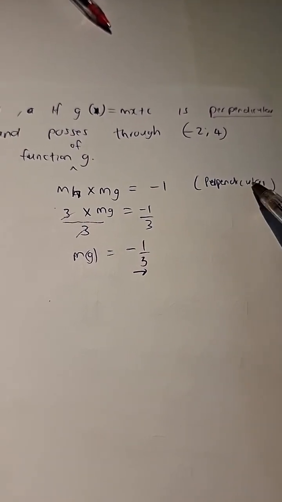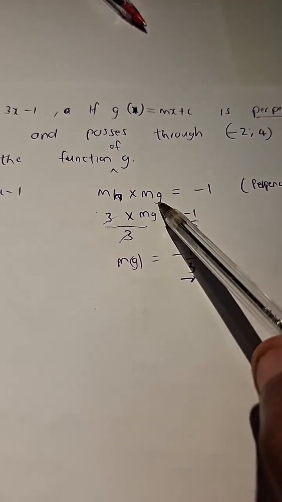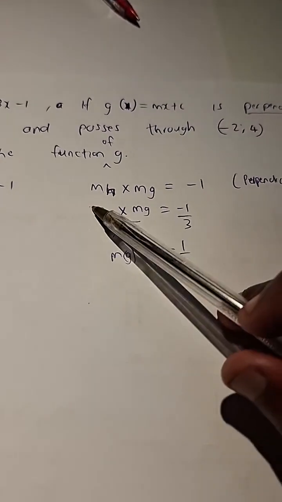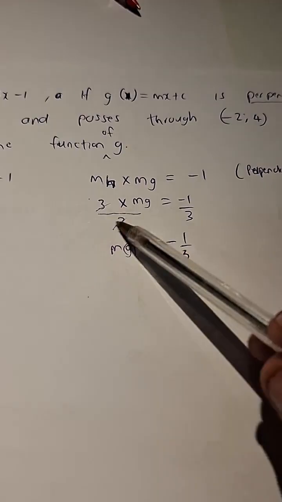That is the gradient of g, because for perpendicular lines, the product of the gradients is equal to -1. So I use that knowledge. All right. Now, some people may find it easier to not even do this algebraic manipulation.